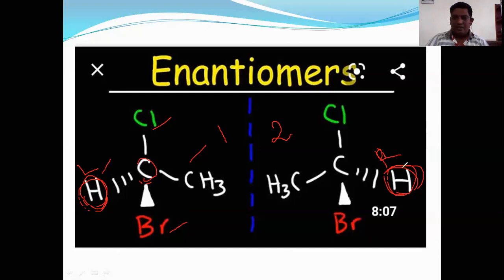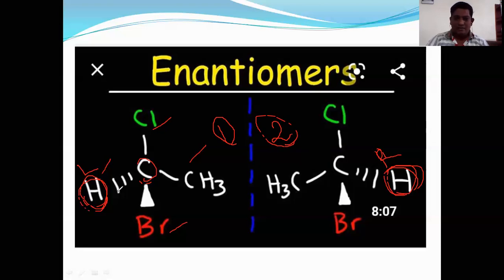A not equal to B, B not equal to C, and C not equal to D. It is also chiral. A is chiral and B is chiral. A is optically active, B is optically active, and both are non-superimposable mirror images. I'm repeating: A and B are non-superimposable mirror images.